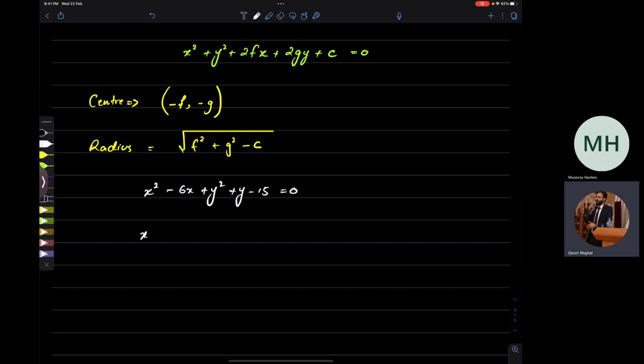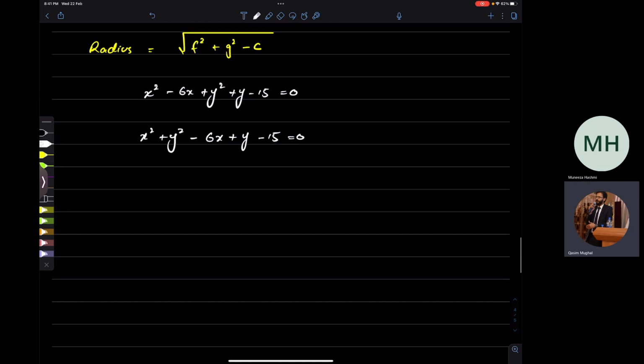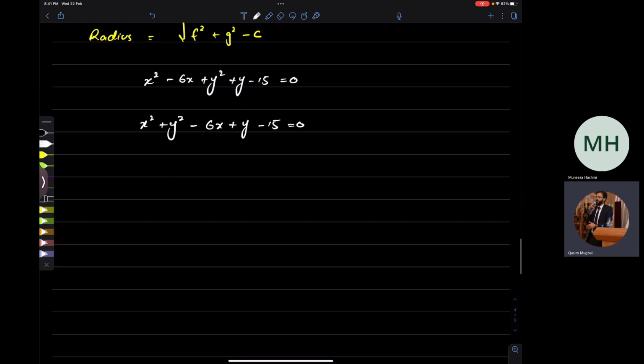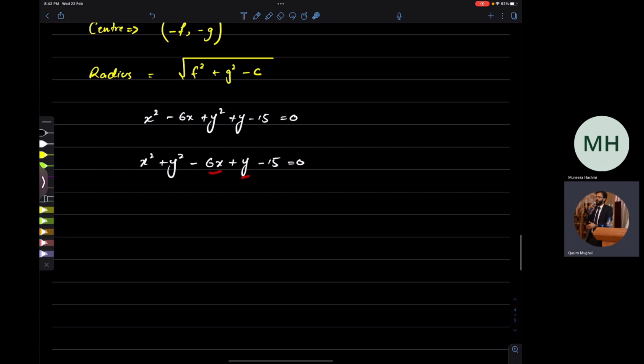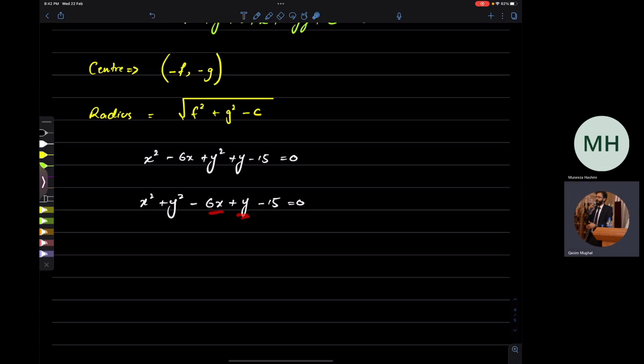So I'm going to do x squared plus y squared minus 6x plus y and minus 15 equals 0. Okay? Now I'm going to write down these two terms with a factor of 2.